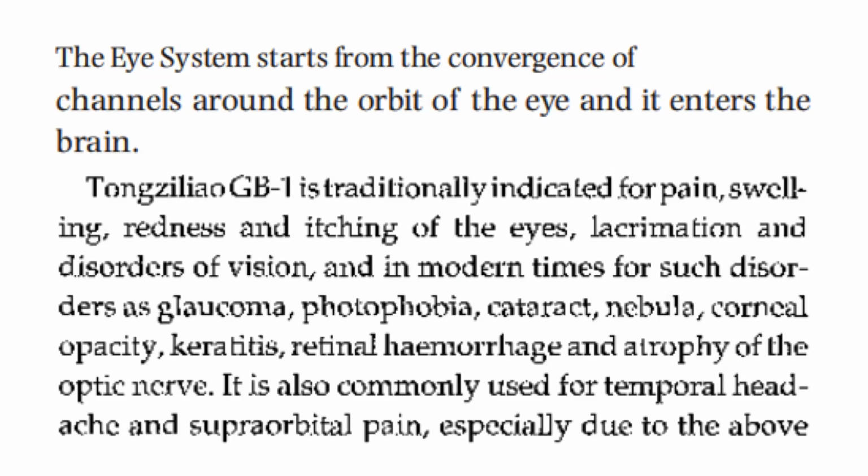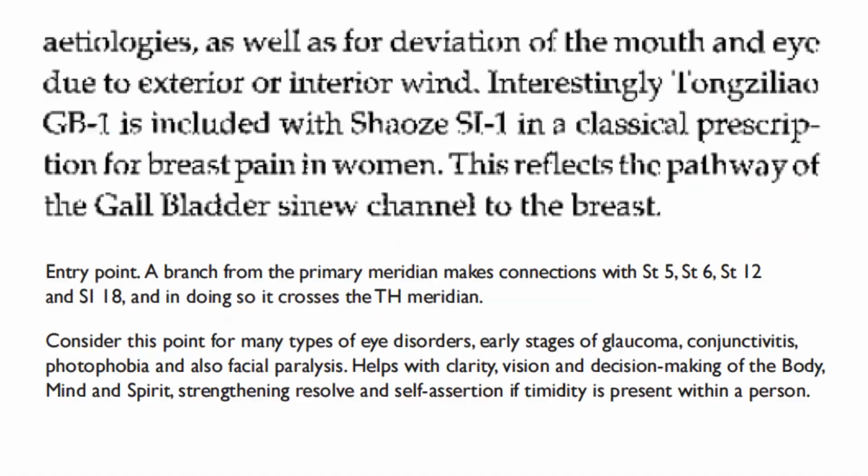It is also commonly used for temporal headache and supraorbital pain, especially due to the etiologies that were mentioned, as well as for deviation of the mouth and eye due to exterior or interior wind.